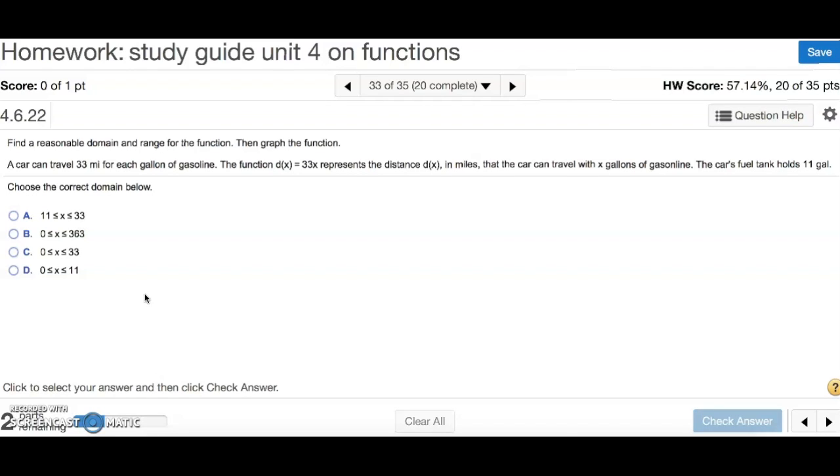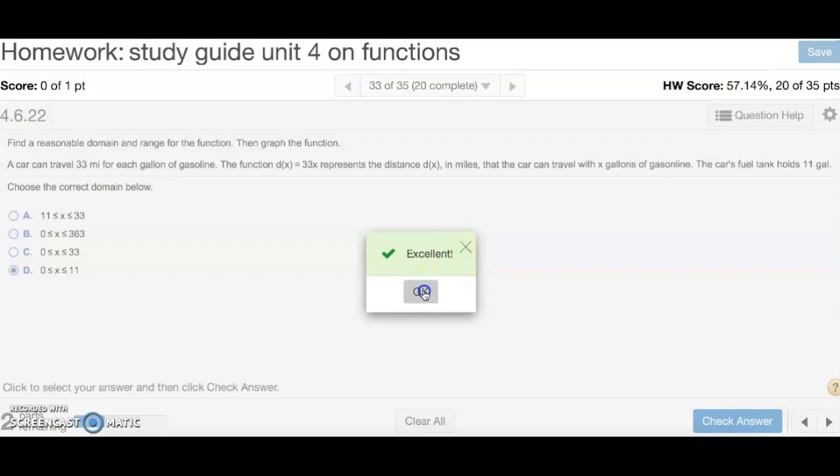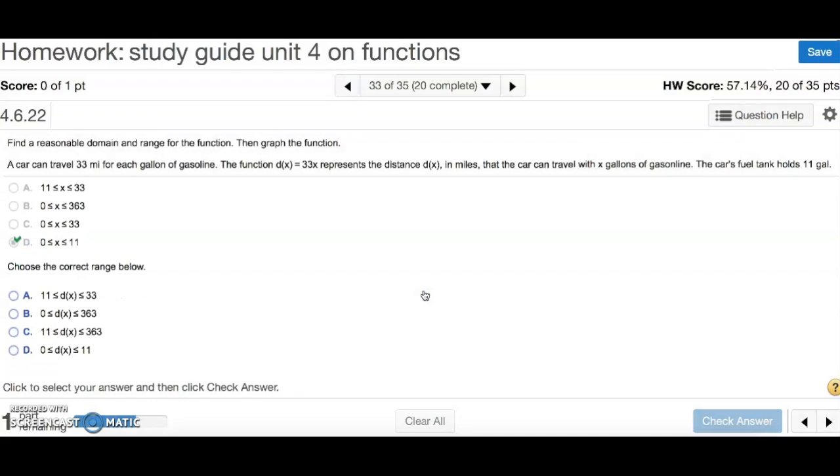So domain is going to be x for gallons, and the amount of gas in the tank at any given time will be between no gas and 11 at the most when it's full. So between 0 and 11 will be the amount of gas, or our domain. Choose the correct range.